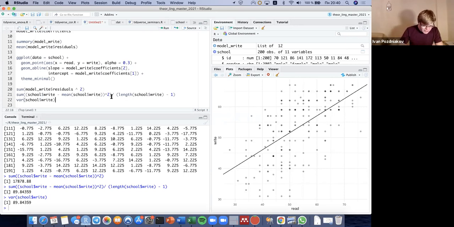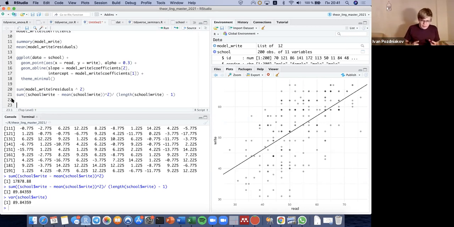So this value is just something like variance, a measure of variability of the data, but not divided by n, but it doesn't matter for this case, it just simplifies the formula. But you can think about it like this: we have some variability in the data, and we want to explain this variability, right?